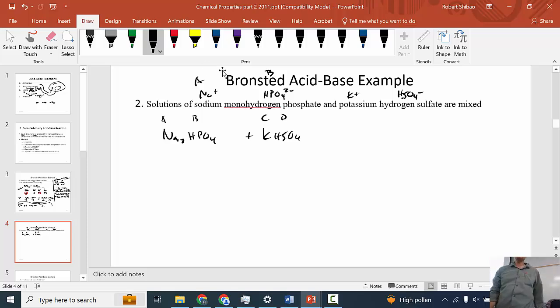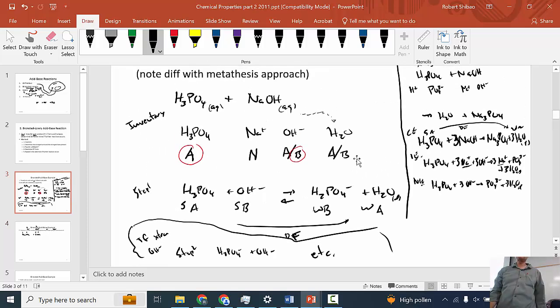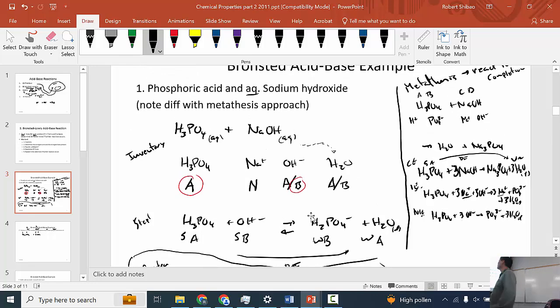But why did I take the hydrogen off in the previous example here? The reason I took the hydrogen off is because it's not water that's taking the hydrogens off the phosphoric acid. It's the hydroxide. And when I compare the strength of water versus hydroxide, hydroxide is much more effective at taking hydrogen ions off than water.